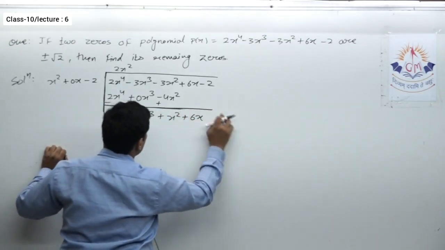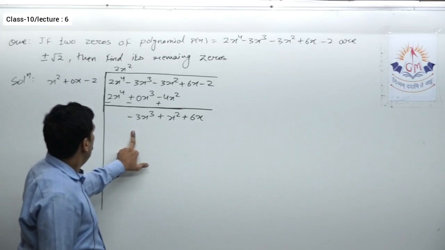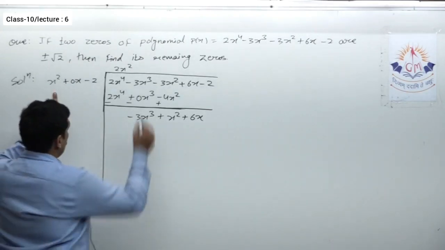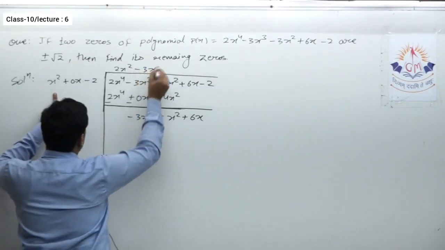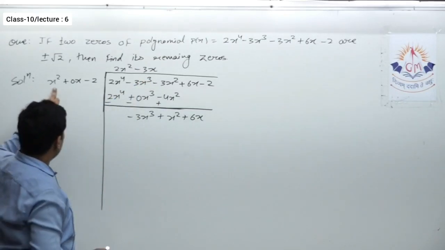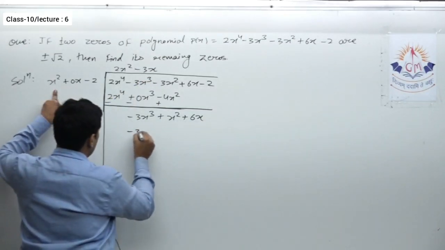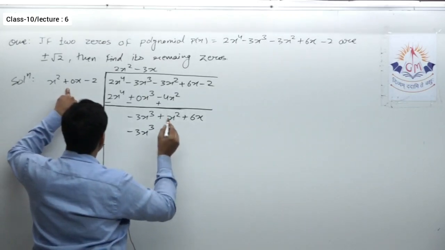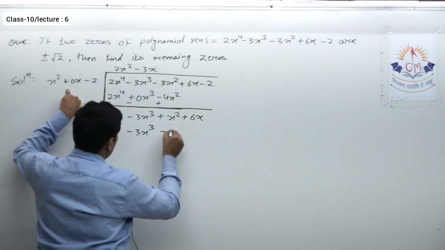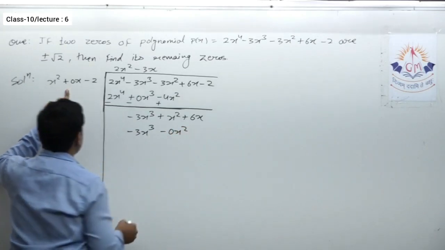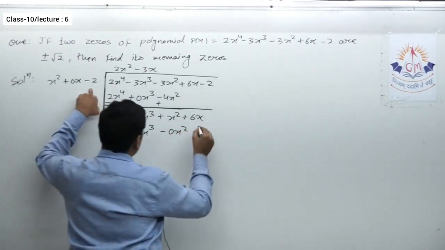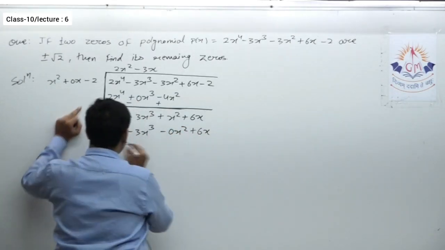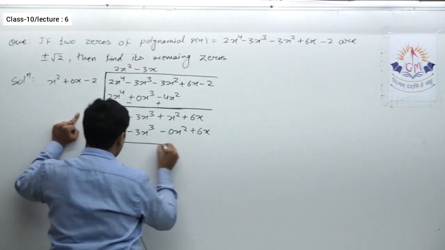So now the next term should be -3x. -3x multiplied by x^2 gives you -3x^3. -3x with 0x gives you 0x^2, minus 0x^2. And here you would get plus 6x.